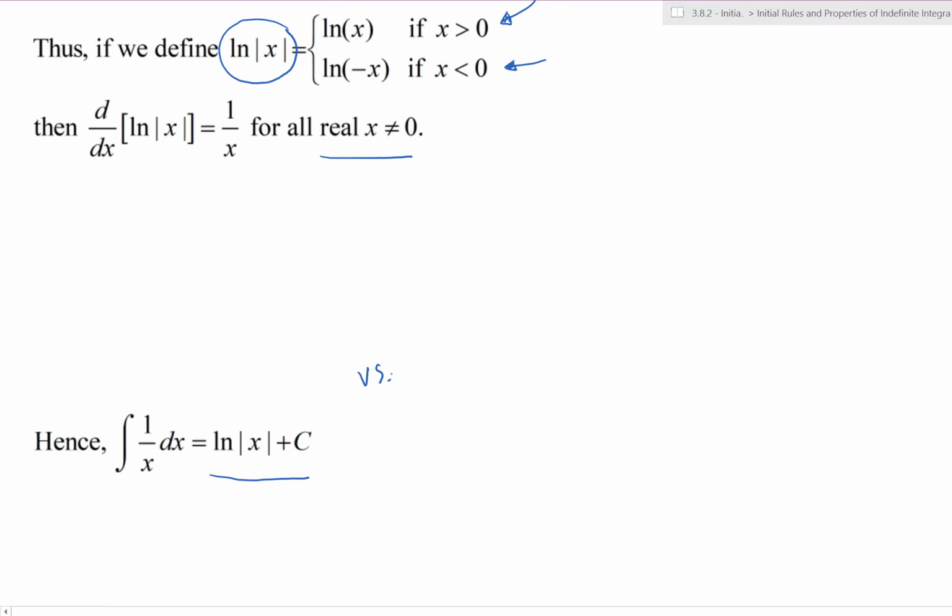And you compare that with the derivative of the natural log of x, which is 1 over x. Again, this is only true if x is positive, right? But this right here is true if x is non-zero. So negative and positive values of x, which is exactly what we needed.